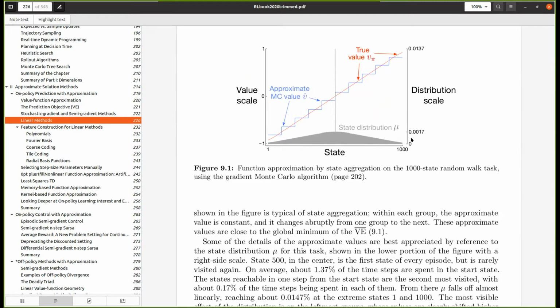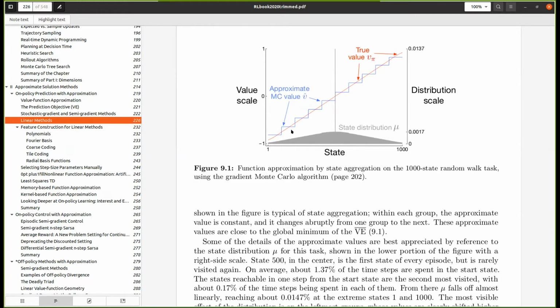The leftmost and rightmost states are terminal states, and when we transition to those states, we get a reward. We have a reward of 1 in the rightmost terminal state, and in the left terminal state, we have a reward of -1.